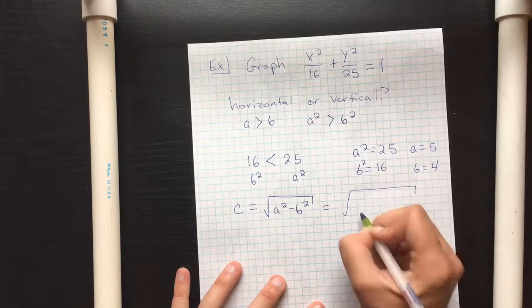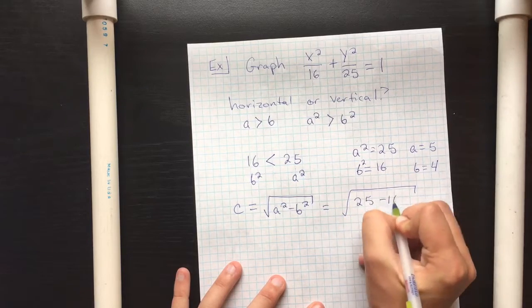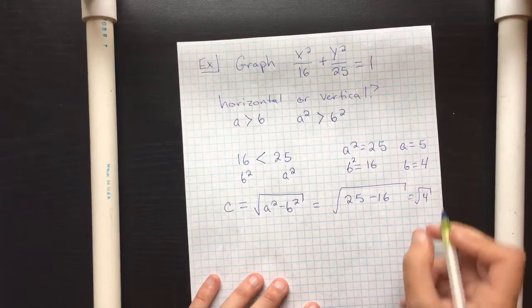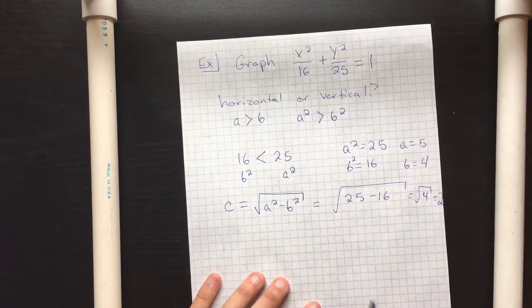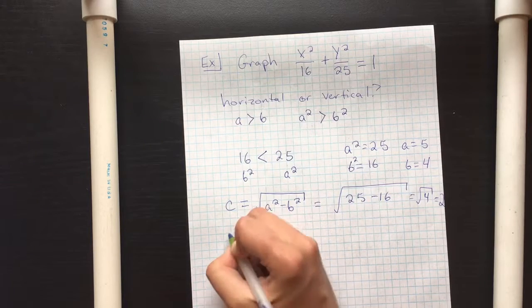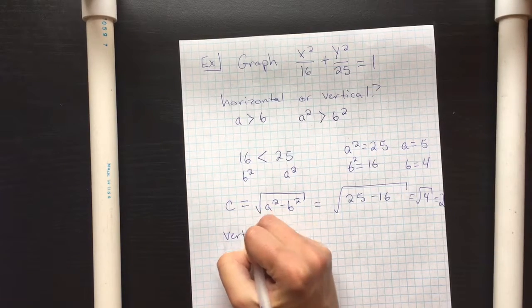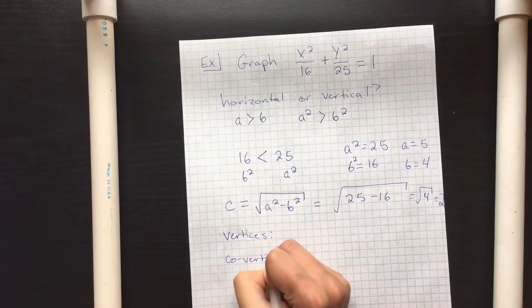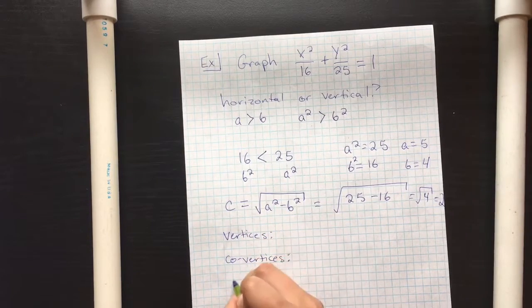Plug those in. 25 minus 16 give us the square root of 9, which we know equals 3. So c equals 3. Then we can find our vertices, our co-vertices, and our foci before we graph.